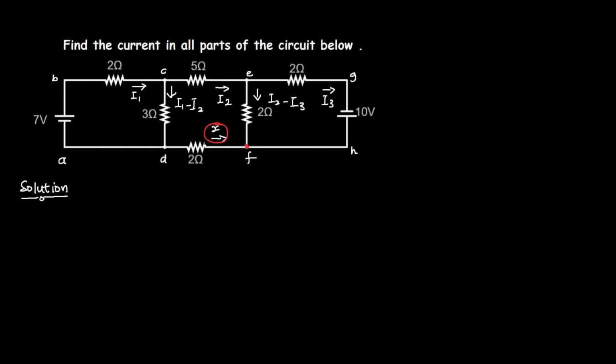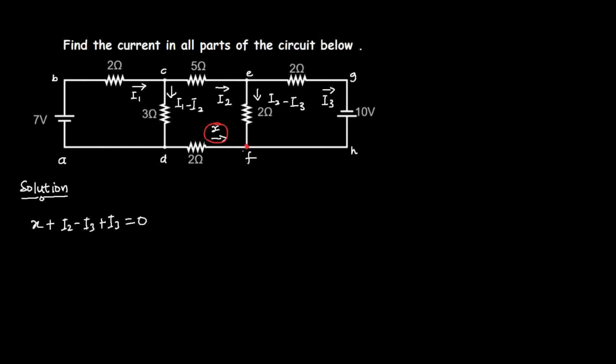Because all these currents are moving towards the node F, we will see that X plus I2 minus I3 plus this current I3 here, that's plus I3, will be equal to 0, because they are all moving towards this node.